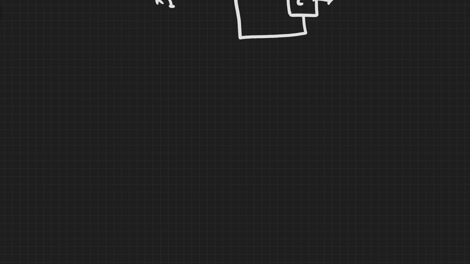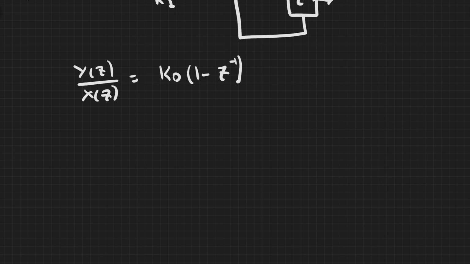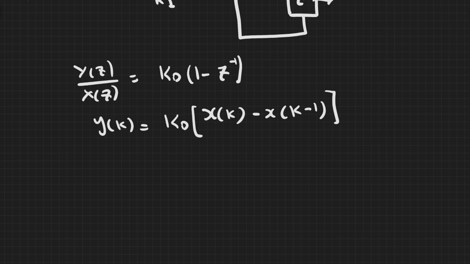For the differentiator part, we can say that the transfer function is basically kd times 1 minus z inverse. If you want to obtain the equivalent difference equation, it's going to be kd multiplied by x of k minus x of k minus 1. So it's also quite straightforward.